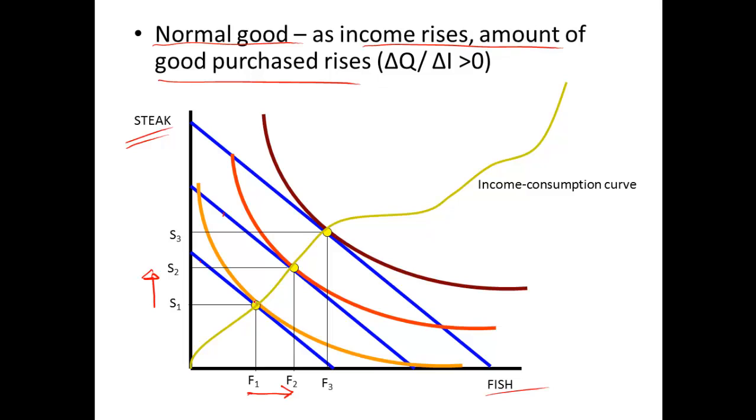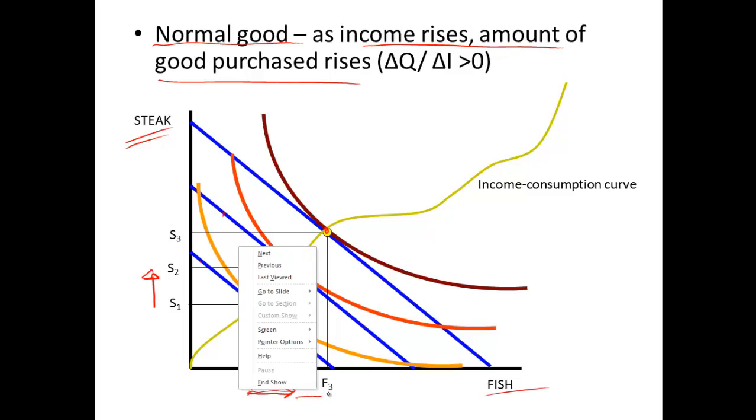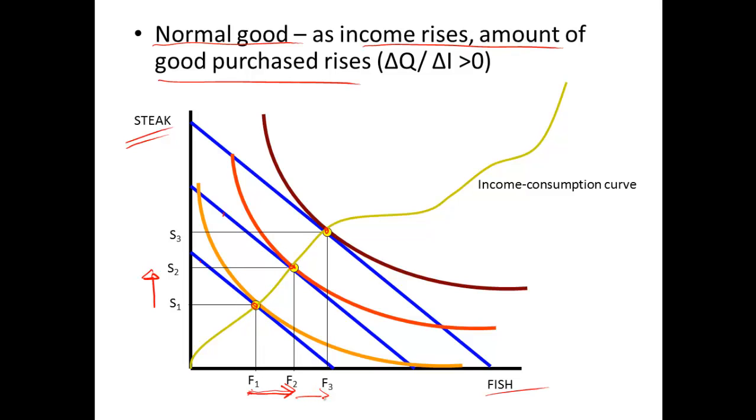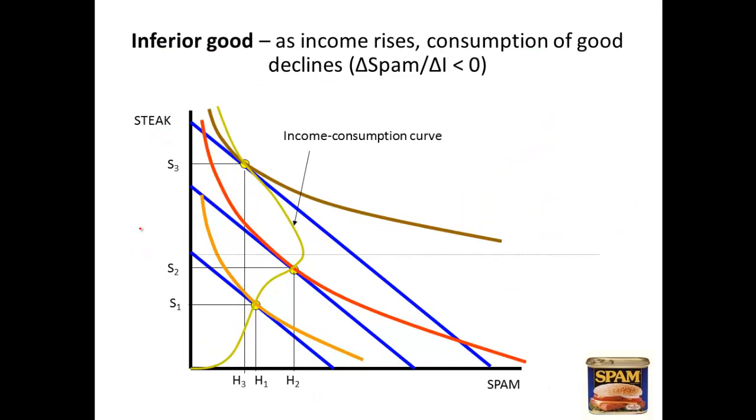The yellow line just connects the optimal choices, and you could call it an income consumption curve. But what really matters in this diagram is that as income rises, F rises from F1 to F2, and as income rises further, F rises to F3. And ditto for S.